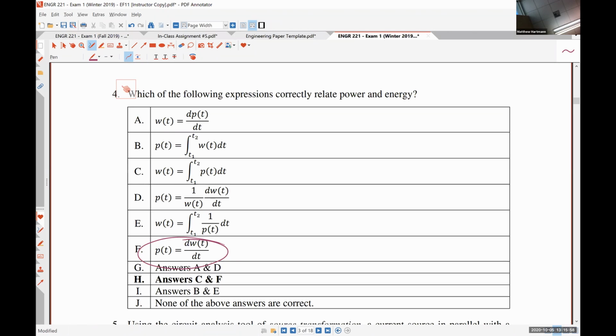That also means that energy is the integral of power, so that one's right. Both of those should have been covered on the first day of the first lecture of class.